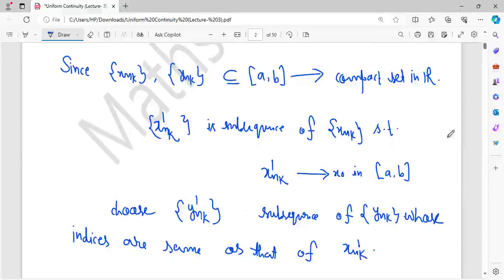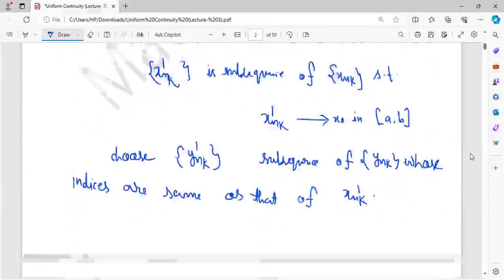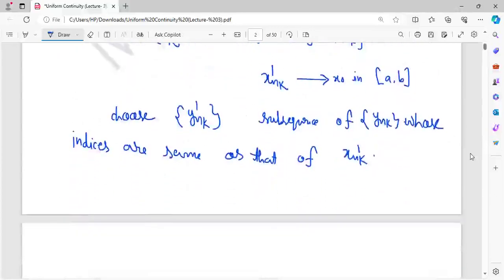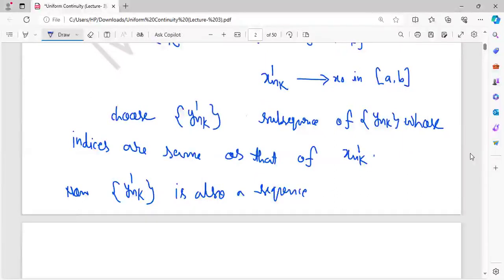Now ynk1 is also a sequence in [a, b], so it will have a convergent subsequence.